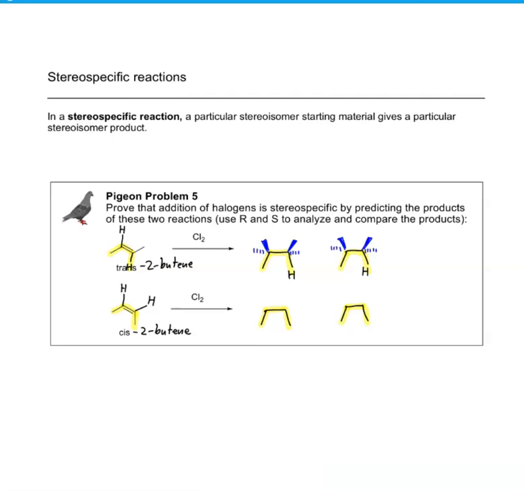Doing so will allow you to prove that the addition of halogens or halogens in water is a stereospecific reaction. You should get a different stereoisomer product from the trans reaction than you do from the reaction of the cis isomer.